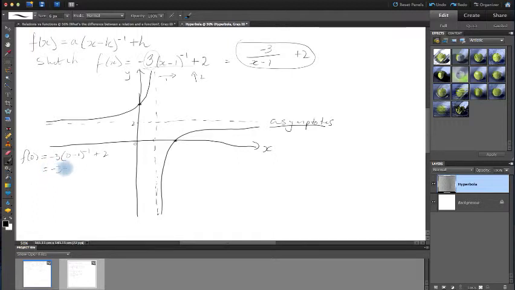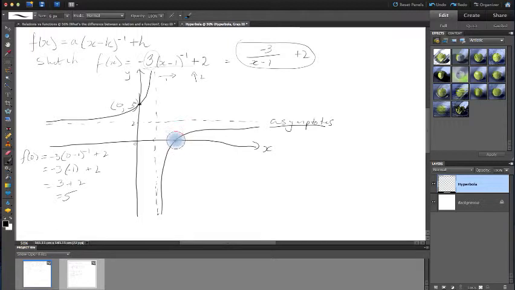Now 0 minus 1 is minus 1. Minus 1 over minus 1 is, of course, minus 1 plus 2. Minus 3 times minus 1 is 3 plus 2, and that equals 5. So this point here is 5. Or if you were to write it as a coordinate, it's (0, 5). So there's that point there.